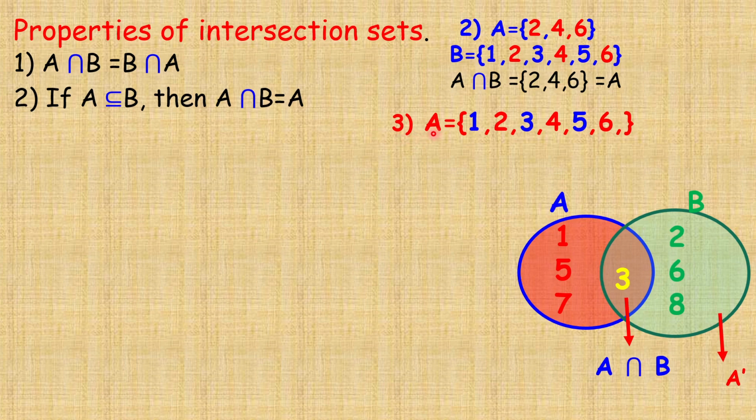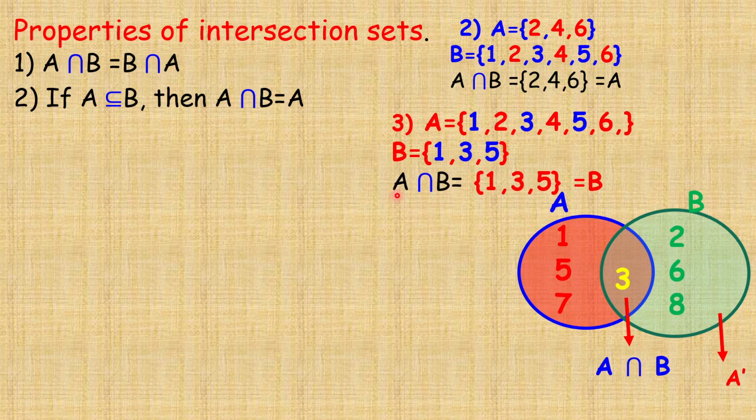Third property. Set A has the elements 1, 2, 3, 4, 5, 6 and set B has the elements 1, 3, 5. If we write the intersection set, the elements are 1, 3, 5.